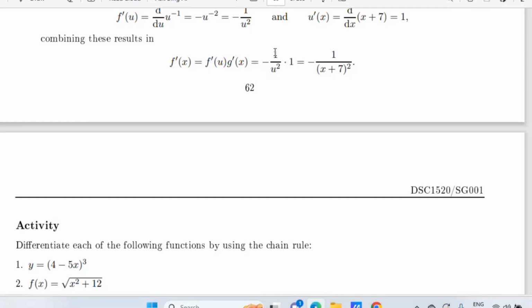In this case, now, y, which is this, we let y be equal to f of u, which is equal to what is in the bracket. What is in the bracket, we let it be u. So from there, our f of u equals u to the power 3. And then our u is equal to 4 minus 5x.